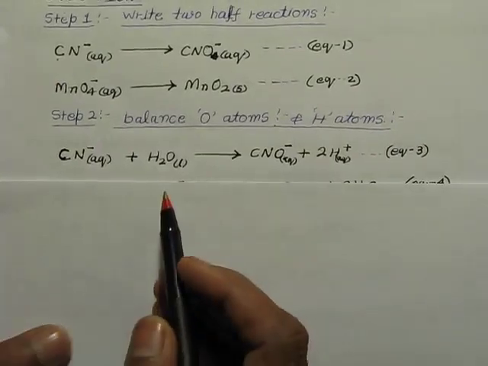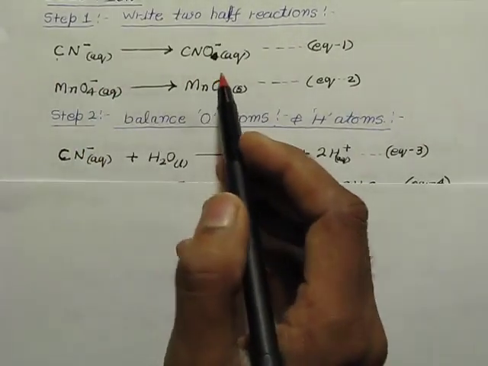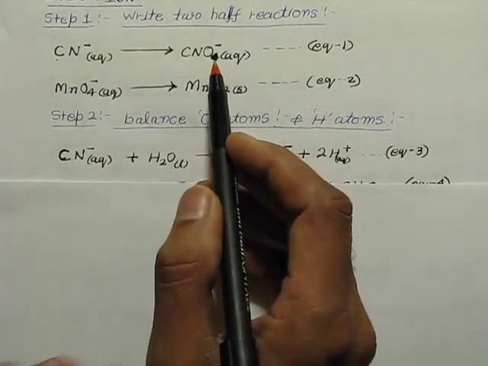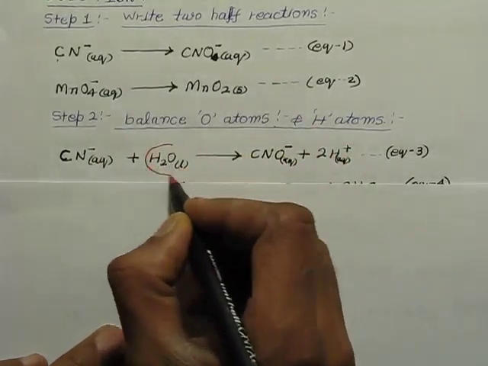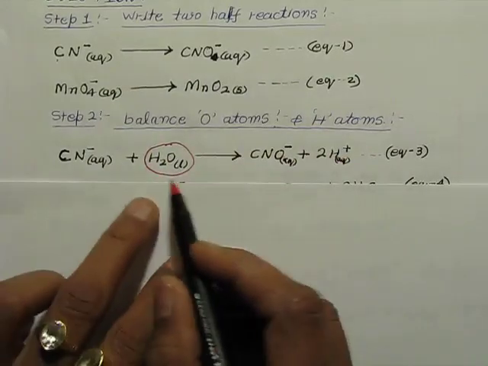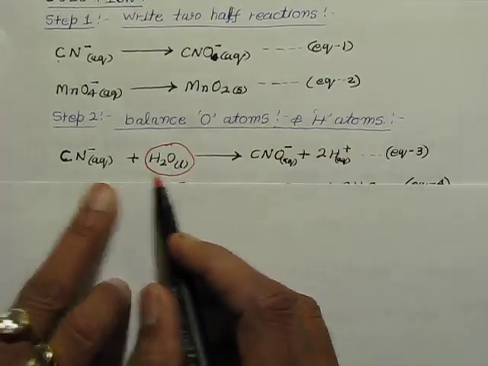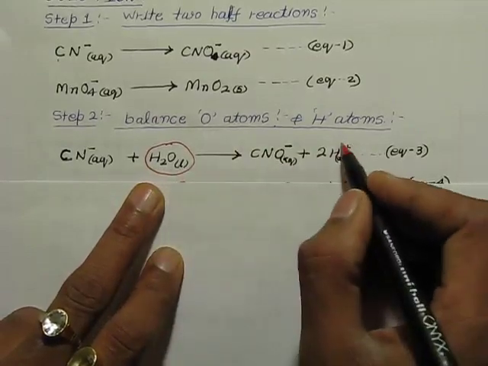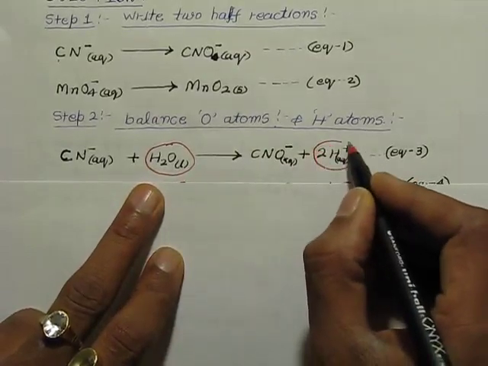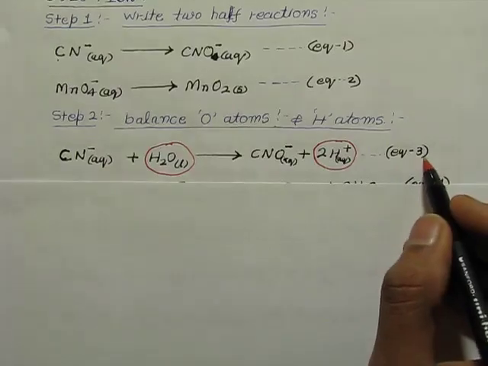You can see in equation number 1, on the product side we have one oxygen extra, that is why we have to add one water molecule. And since we added one water molecule on the reactant side, now you can see there are two extra hydrogen atoms, so we have to add two hydrogen ions on the product side and make it equation number 3.